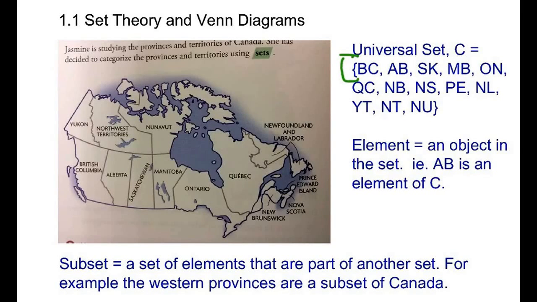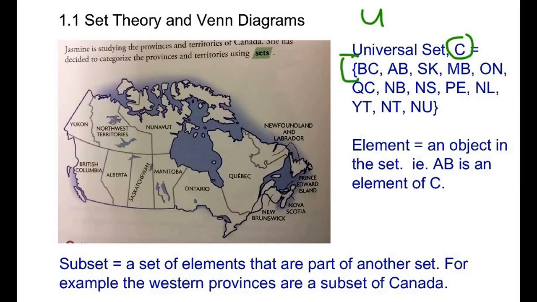So BC, Alberta, Saskatchewan, and so on. The entire universal set of Canada then is the 10 provinces and the 3 territories. You'll see in this case I called it C, just C for Canada, but a lot of times in questions that don't have anything too much to worry about, we just use U for the universal set. Okay, so that's the first definition.